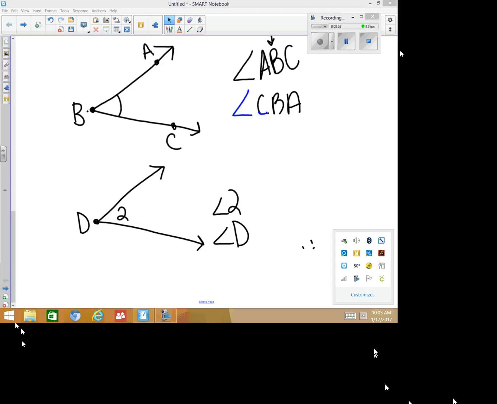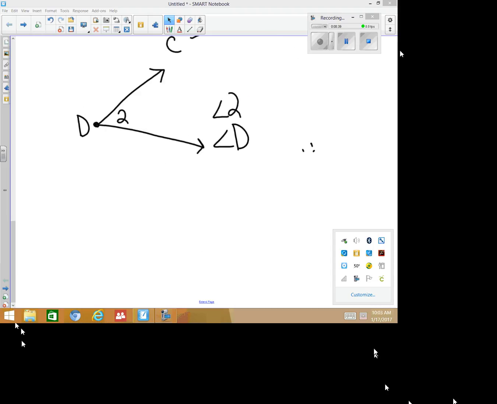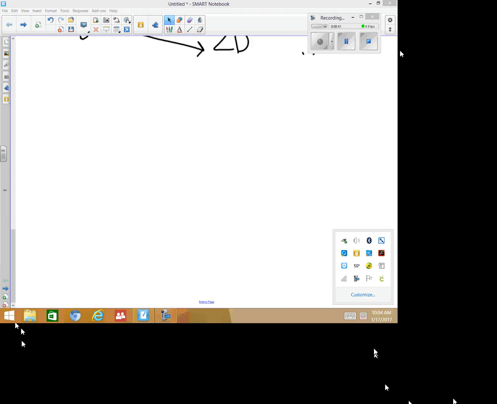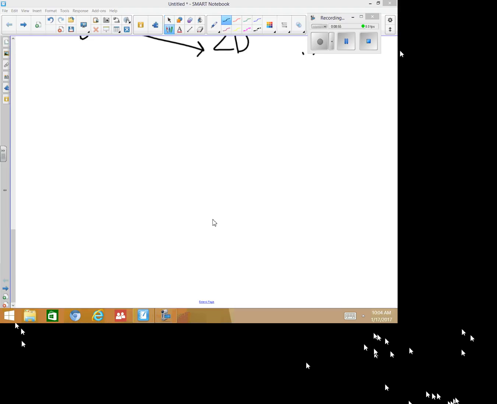Last, we're going to talk about something called adjacent angles. Have you ever heard of that word adjacent before? What does something that's adjacent mean? I've heard it before, but I think I know what it means. What do you think? There's a different meaning for it.